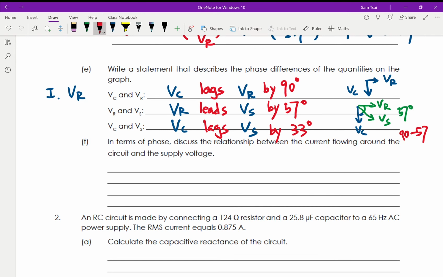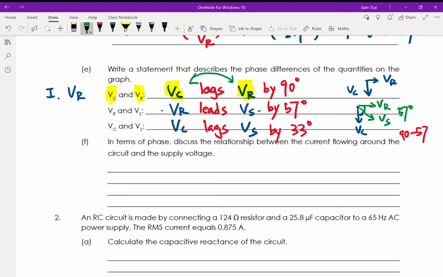So I use the order VR and the VC. If you swap these two, you can say VR leads the VC by 90 degrees. So if you swap the order of VR and the VC, or VR and the VS, you need to change lags to leads. Either one is fine.